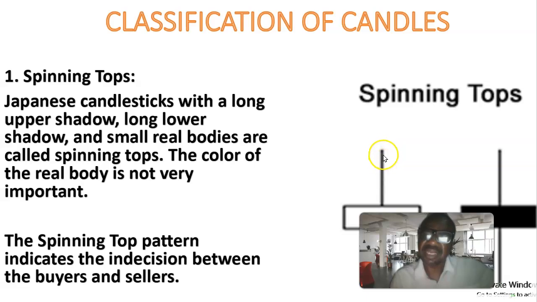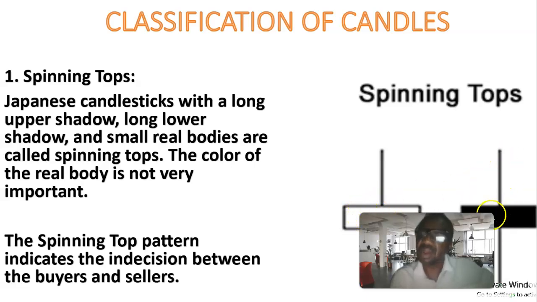So you see, from here to here, the upper wick is high. Then the lower wick, like I said, we call it wick or shadow, from here to here is also high. But it has a small body.